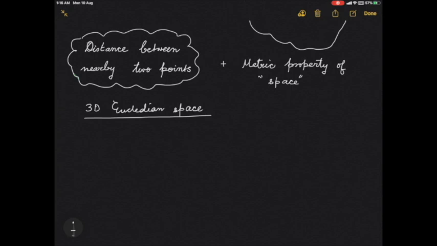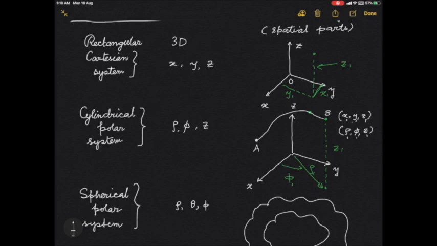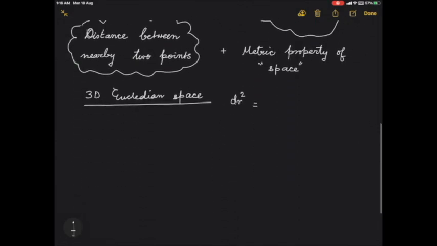One of those properties is how you measure the distance between 2 points. For two infinitesimally separated points, let me write the square of the distance as dr square. It can be written in terms of the different coordinate systems, and you know what it is quite well. In the Cartesian system, this is dx square plus dy square plus dz square.